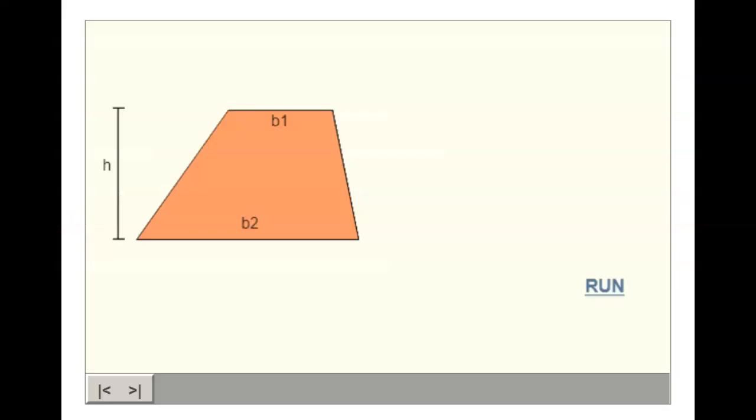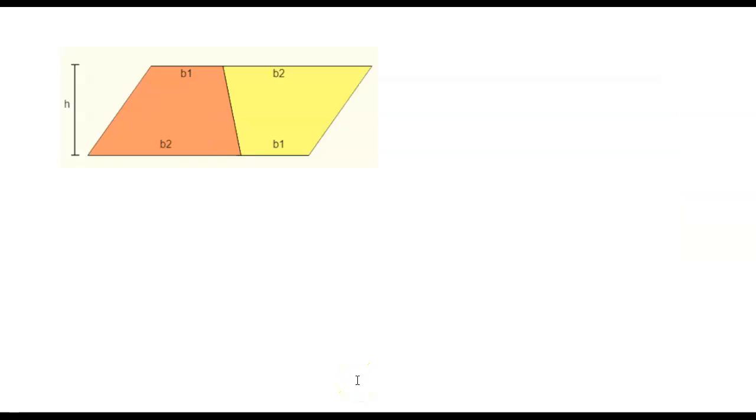Now I want to run a little visual proof as to where that formula comes from. So this is a trapezoid, and I'm going to run this little applet. There's an exact copy. We flip it around and push it, and guess what we get? We get a parallelogram. All right, now what we've created is a parallelogram, like I said.